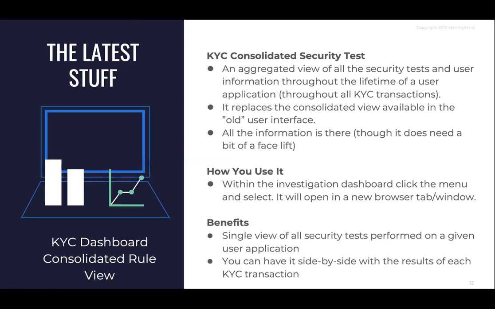So now within the application dashboard, you're able to see a couple of new widgets that are starting to show aggregated data throughout the lifetime of that application. We'll continue to build more of this, but now at least all the information is in a single place.